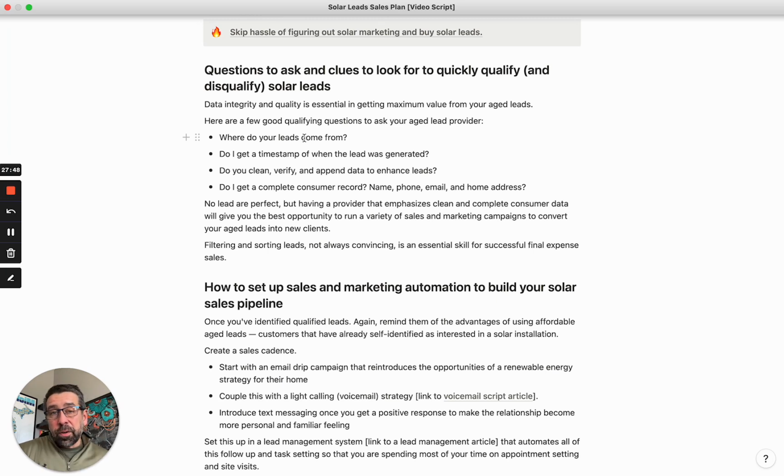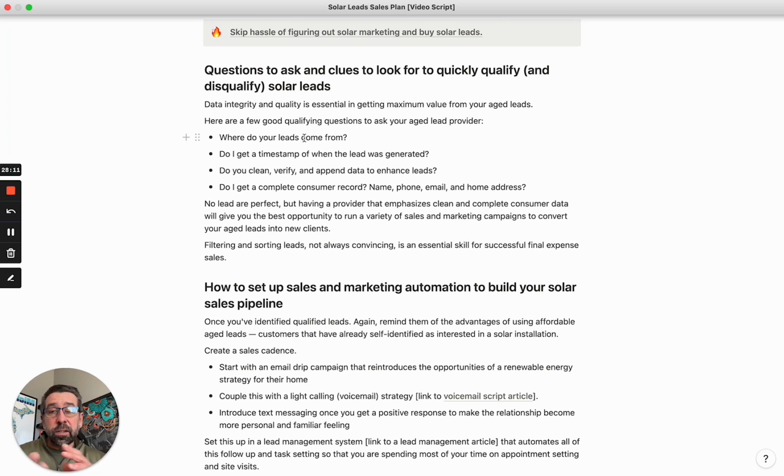But if you have the address, you can also do things like door knock. You can do some direct mail. You can do some targeting around that. You can start to segment and do a variety of different campaigns with that. So getting as complete a consumer record as possible makes that lead much more valuable to you than just an email list, right?